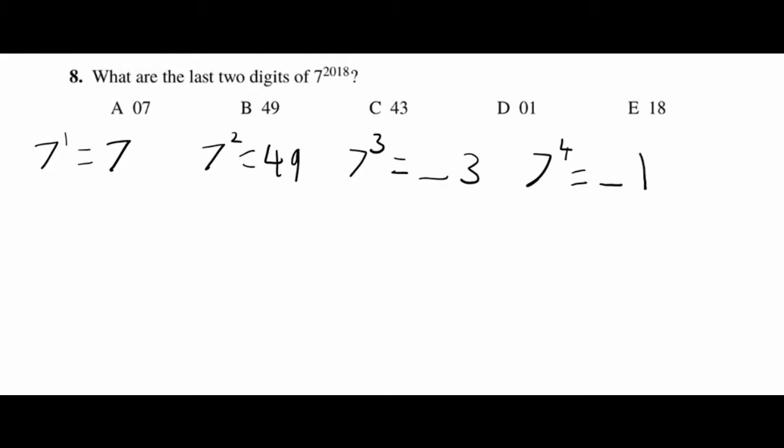And then 7 to the power of 5, well, that must end in a 7, because 1 times 7 is equal to 7.